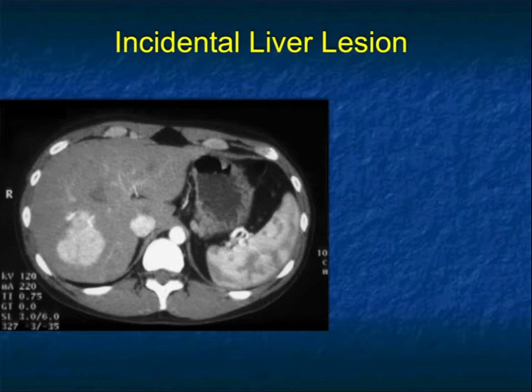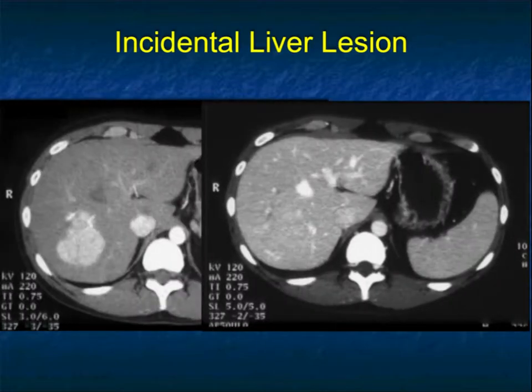Now, as we go under the benign category, what else do we think about? Well, this lesion, you could say, aha, first it looks like maybe it's a hemangioma, but it's totally vascular, homogeneous, so it's not the appearance of hemangioma. And you see also when you look at the image on the right, which is 5 minutes later, the lesion is essentially isodense, though you can see its borders, but it's isodense.